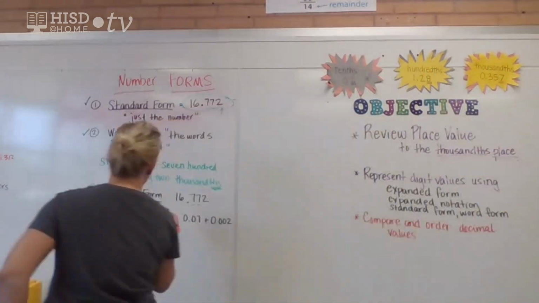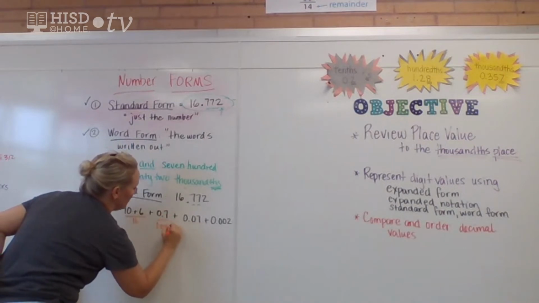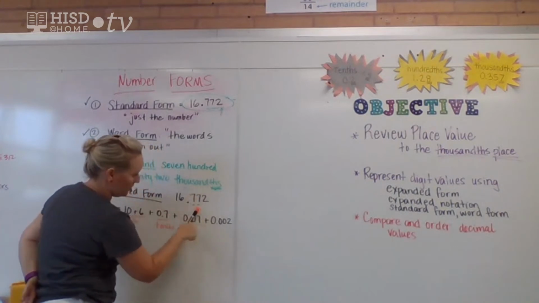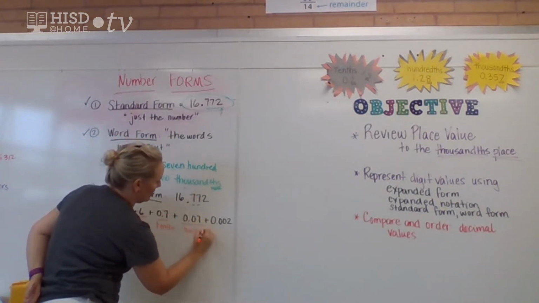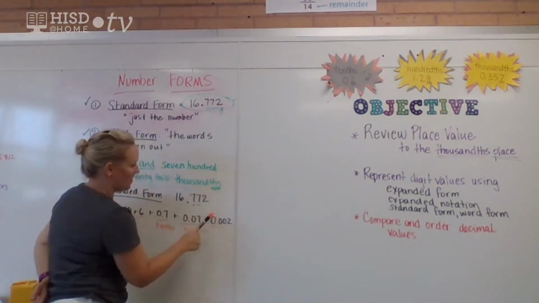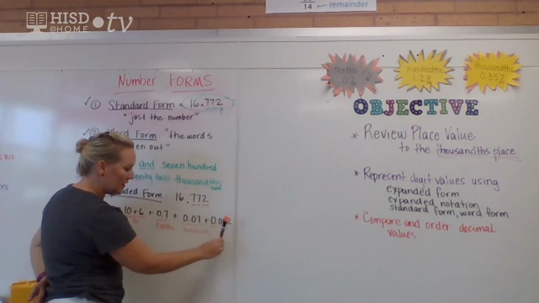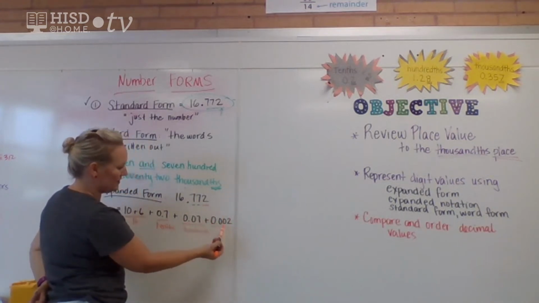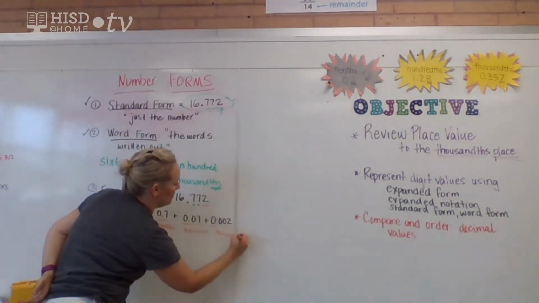So here I represented my tenths place. Here I went up here and looked at my number. This is the hundredths. And last but not least, I went all the way here and I know that I have a 2 in my thousandths place. So I put zeros here because I don't need to re-represent them. So this was the thousandths.